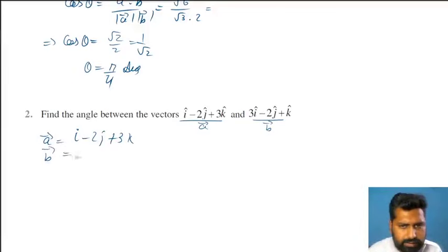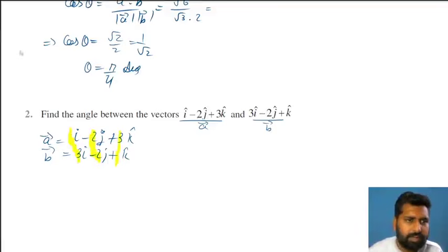B vector is 3i minus 2j plus k. If you have already studied this in physics, this will be very simple. Okay. Because physics automatically uses this. I multiplied by i, j multiplied with j, k multiplied with k. Okay. 1 into 3, 3, plus 4, and this is plus 3. So what is the dot product coming?